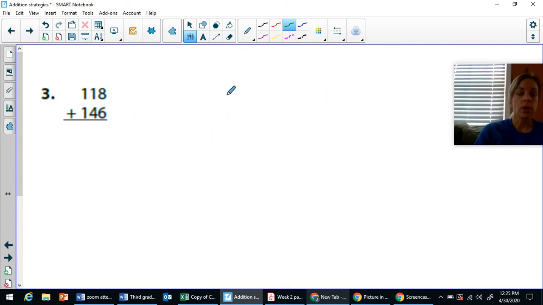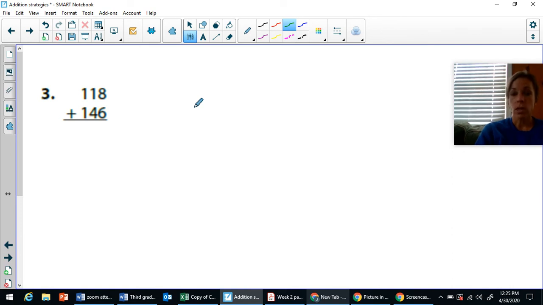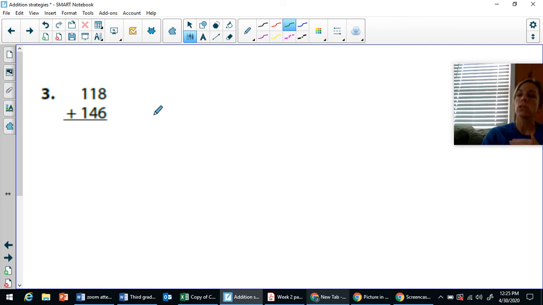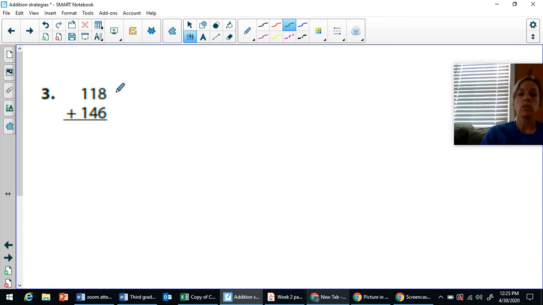Okay, so for number 3 here, I have taken away the model. So I would like you to take some time to solve this, and I'm just going to give you some thinking time. And what I'd like you to do is just focus on the ones. Let's just focus on adding 8 ones and 6 ones.